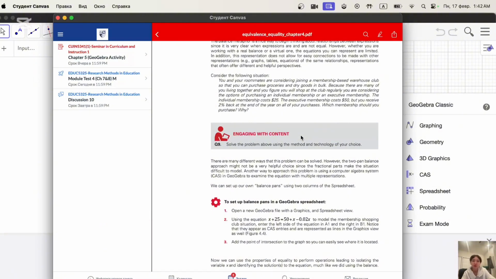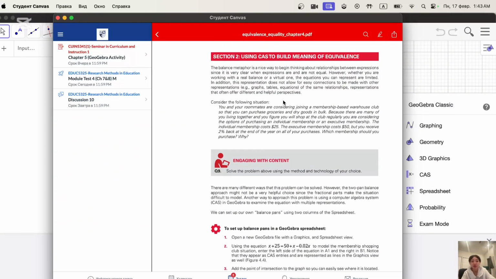We have two membership options. First, individual membership costs $25 per year, and executive membership costs $50 per year but provides 2% cashback on all purchases. We need to determine at what annual spending amount the executive membership becomes more cost-effective than individual membership.